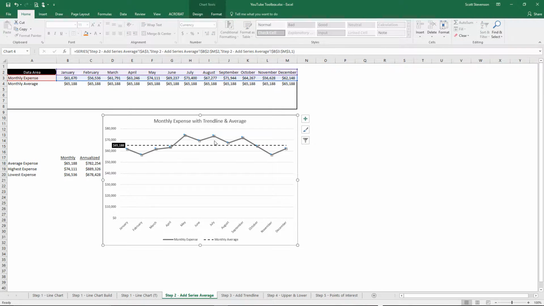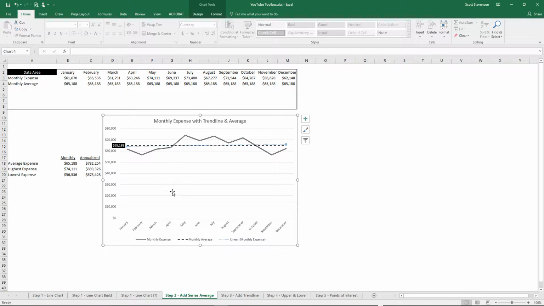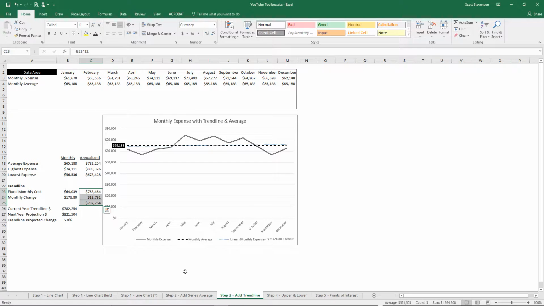To add it, you click on the data series you're interested in, you right-click on that data series, and you choose Add Trend Line. Adding the trend line is going to, as we see here, plot this trend line on the chart. Now, what that trend line is giving you, and let's go over to this where I've already had it added.